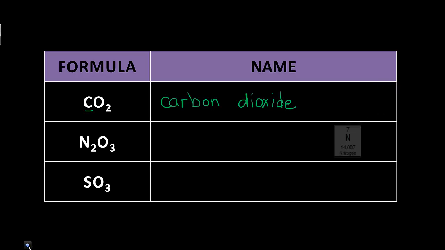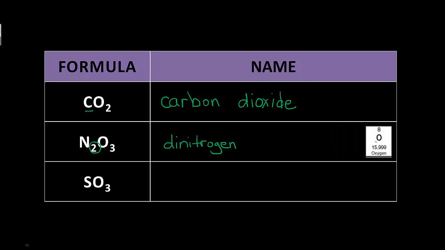Let's do our next example. N is nitrogen. We have 2 nitrogens. The prefix for 2 is di, and then we just name it nitrogen. We don't change that name at all. Now let's look at our next one. O is oxygen. We have 3 oxygens.